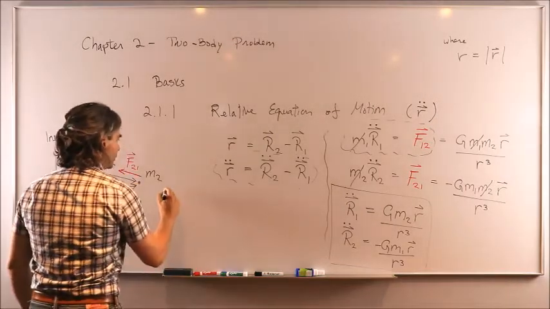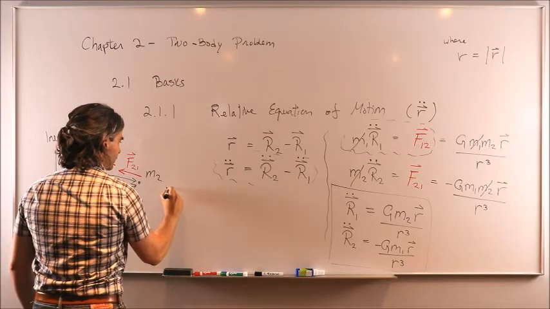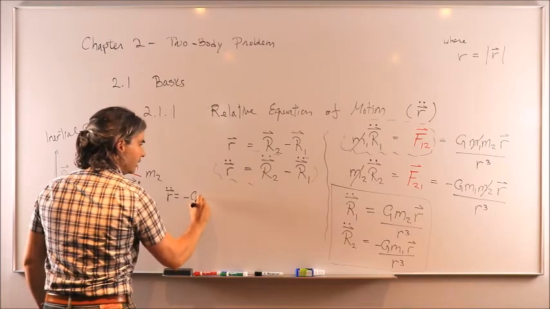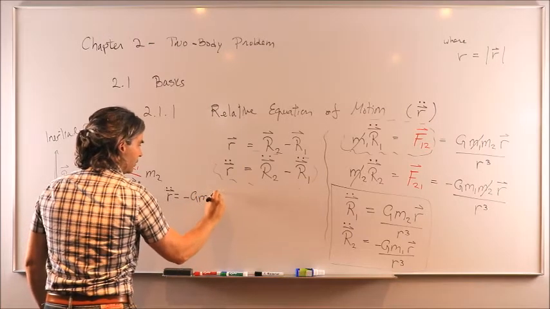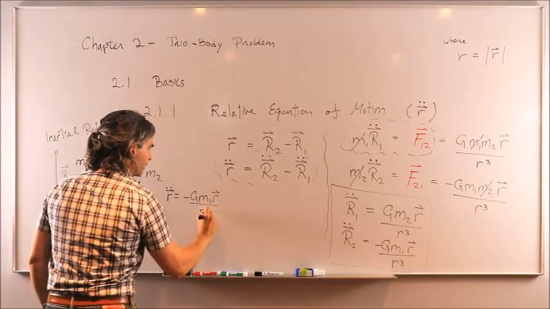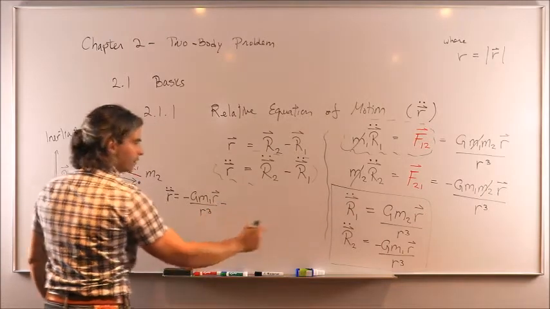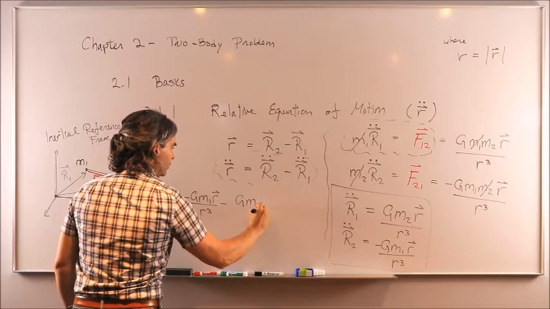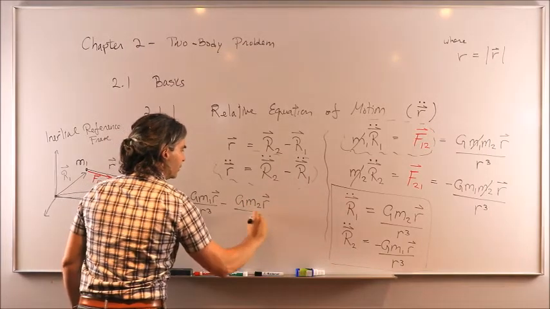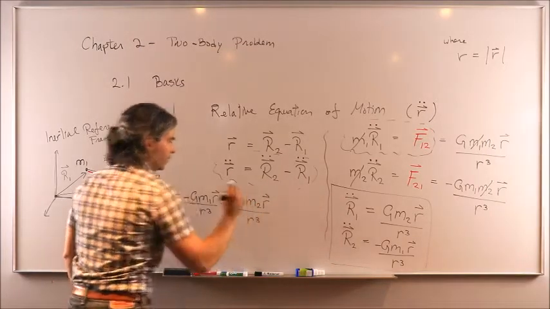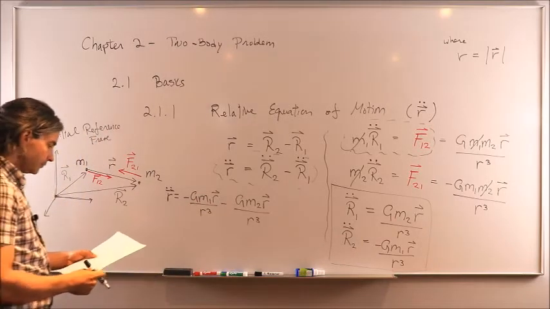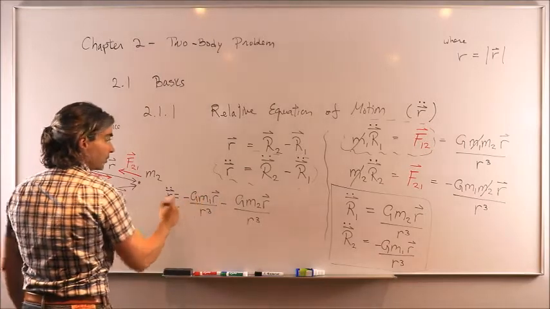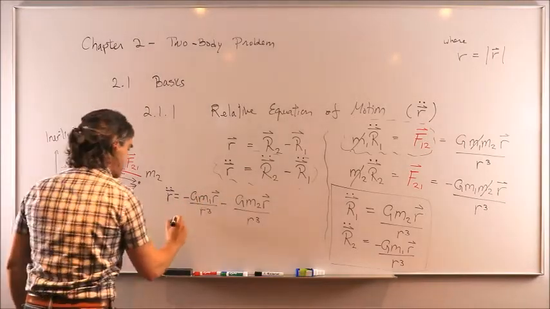Well, it's not too difficult. It's just plug and play. R2 double dot is my minus G m1 position vector over distance cubed minus this expression I have, which is G m2 position vector over distance cubed. Now, obviously, I can take my universal gravitational constant out of those two expressions.